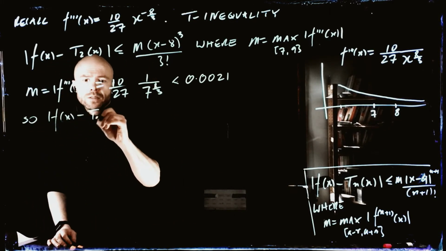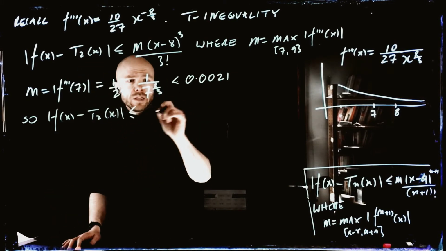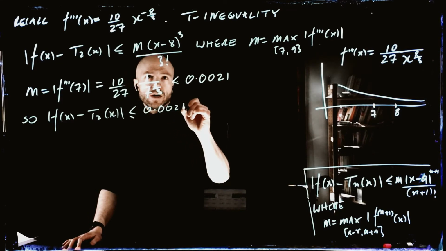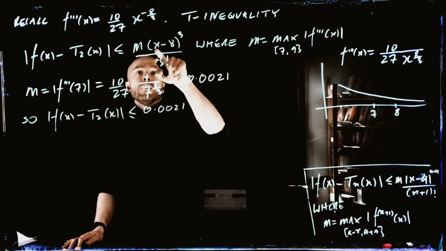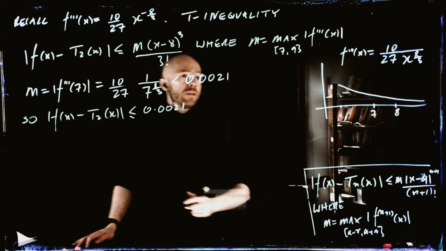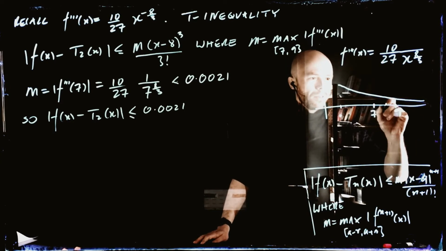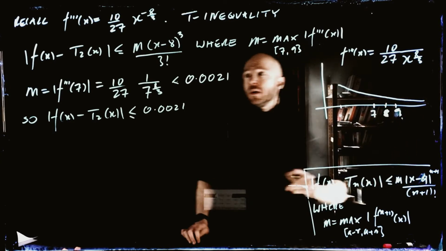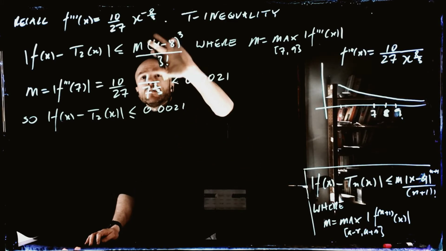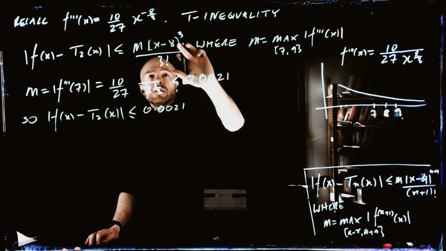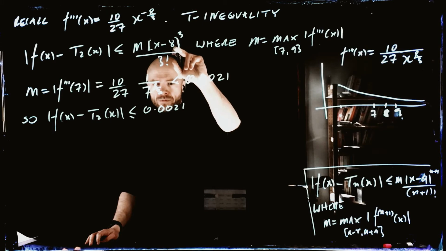Our function minus the second degree Taylor polynomial is less than or equal to this number, 0.0021. And then what about this thing? Well, the maximum this thing is going to be in absolute value will be when either x is equal to 7 or x is equal to 9.